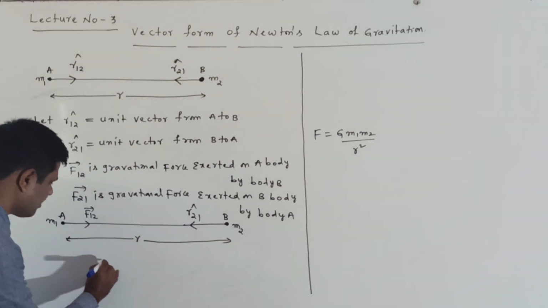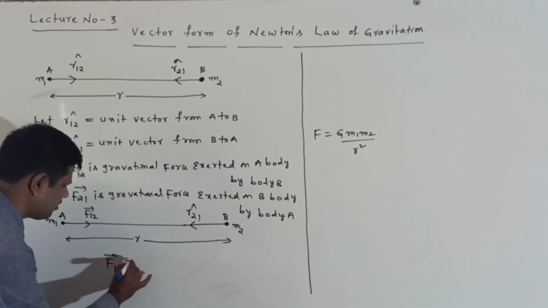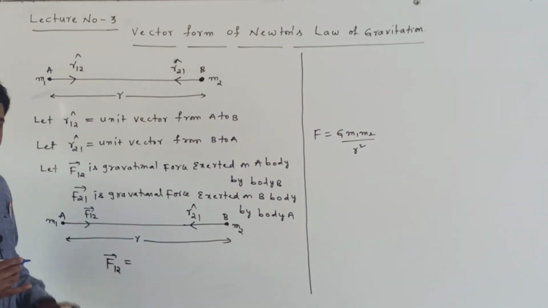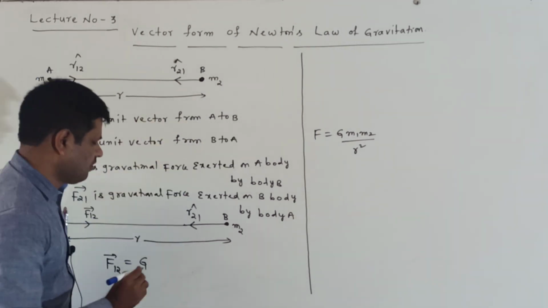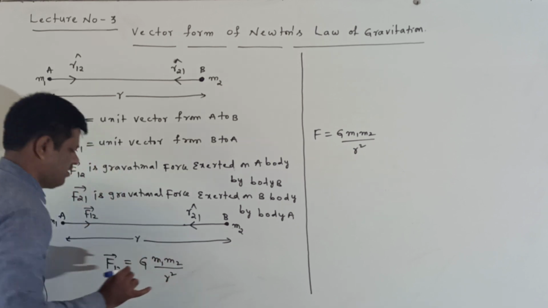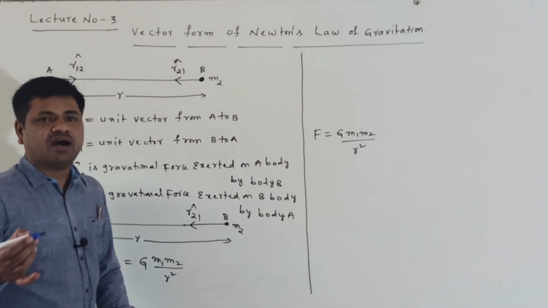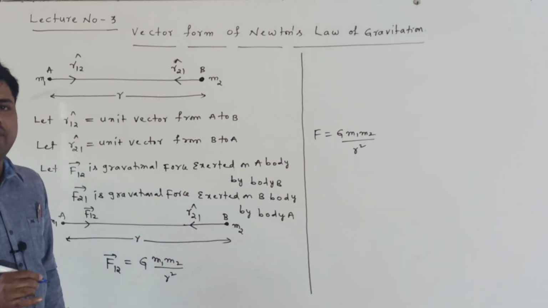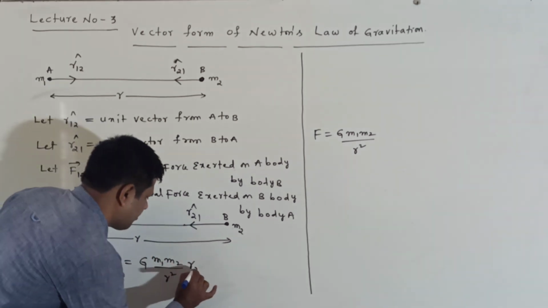Now writing the force here. F12 bar is equal to G into M1 M2 by R square. This is the magnitude. Any vector can be written as magnitude into unit vector, and the unit vector considered here is R21 cap.